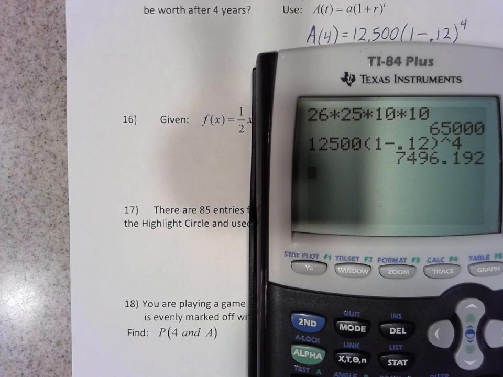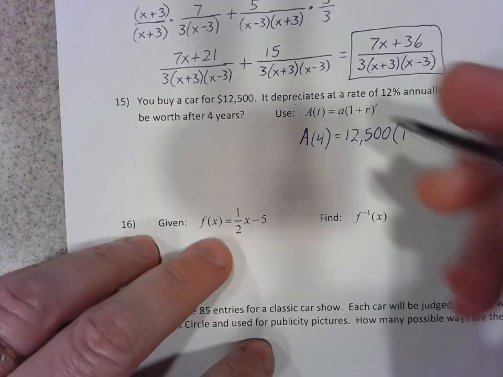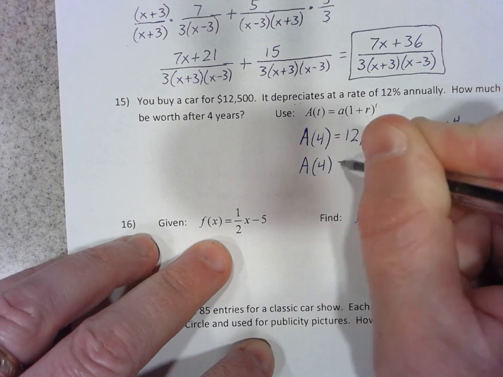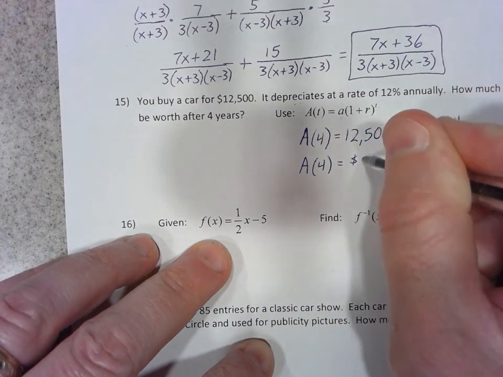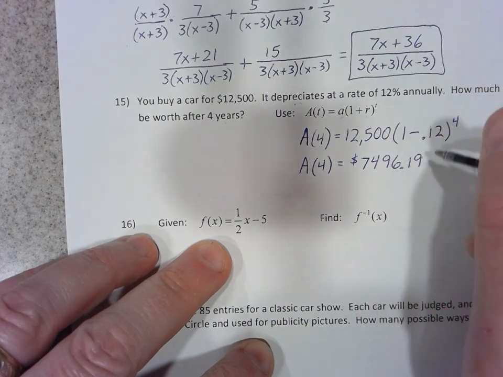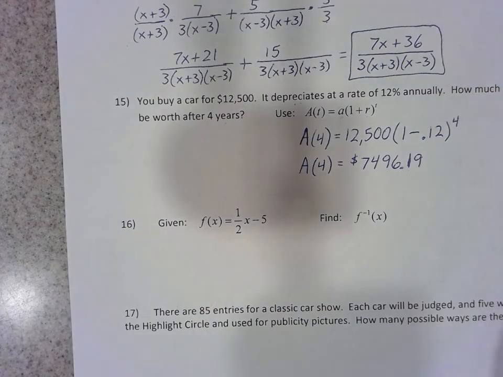Hit enter. And so after 4 years will be $7,496 and, to the nearest cent, 19 cents. So the car will be worth, after 4 years, $7,496 and 19 cents.